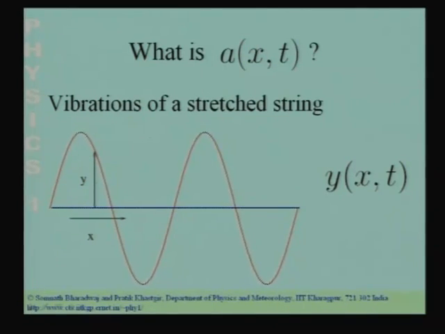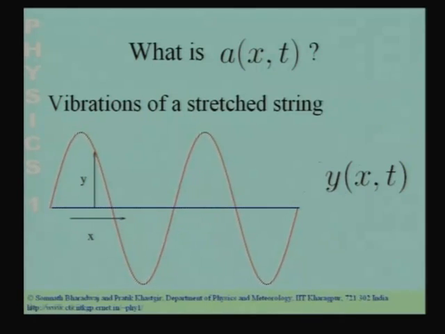So, in this situation where you have vibrations of a stretched string, the variable A represents the transverse displacement of the string. Such a wave is called a transverse wave, and in this case the variable A represents y, the displacement of the string in the transverse direction.